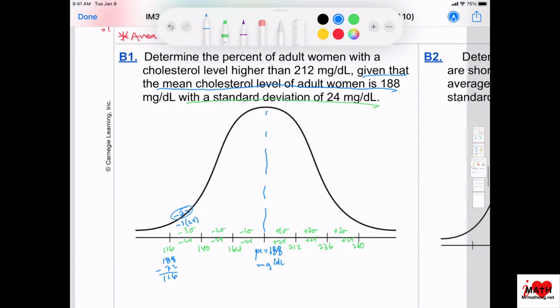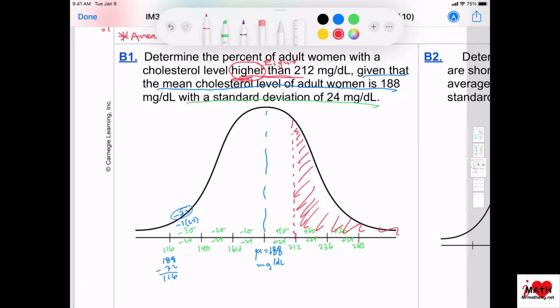Okay, now we need to locate 212. Last time we talked about higher is going towards the right. So let's locate 212. Okay, so now we want stuff that's higher. So basically we wanted this shaded region here.